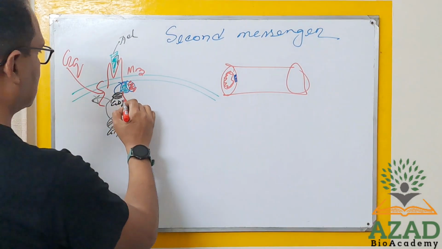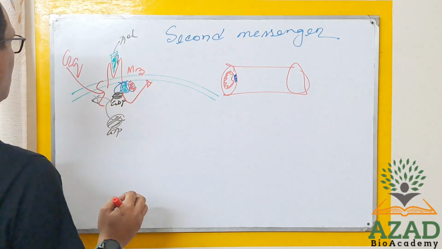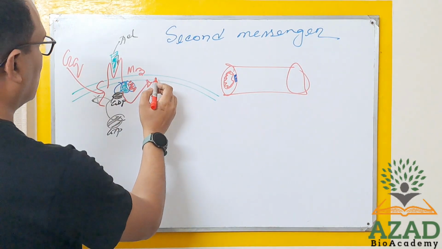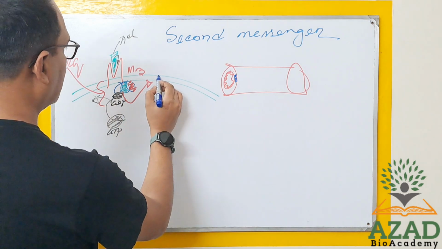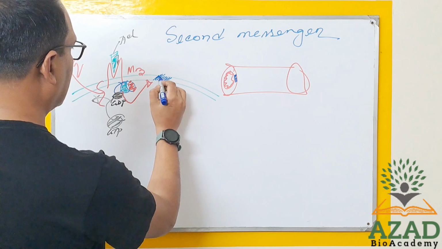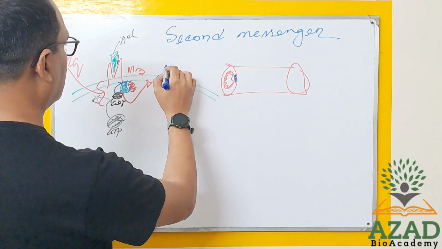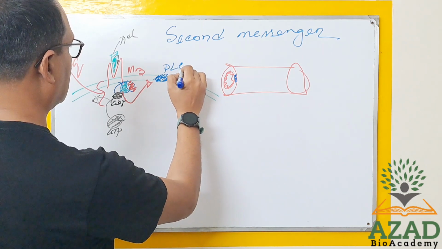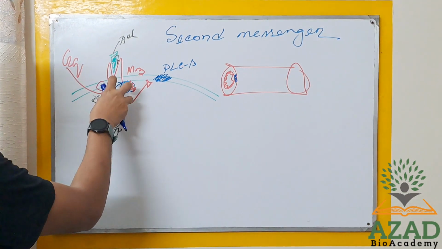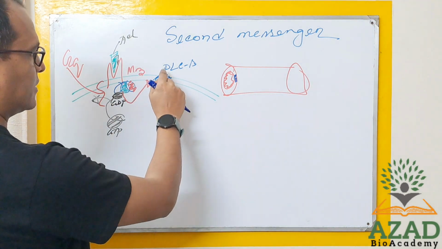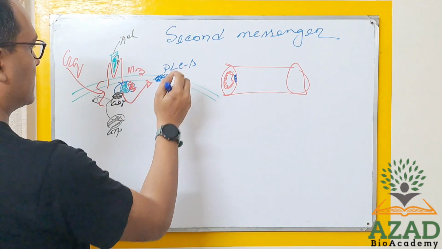The activated Gq alpha part will activate the membrane enzyme called phospholipase C beta. That means the activated G protein will activate the enzyme PLC.